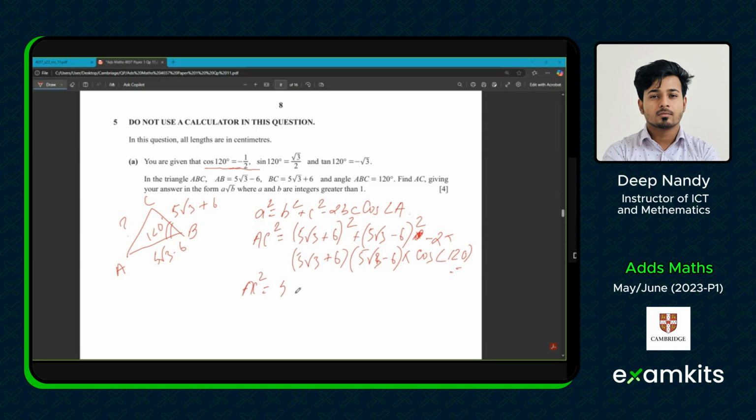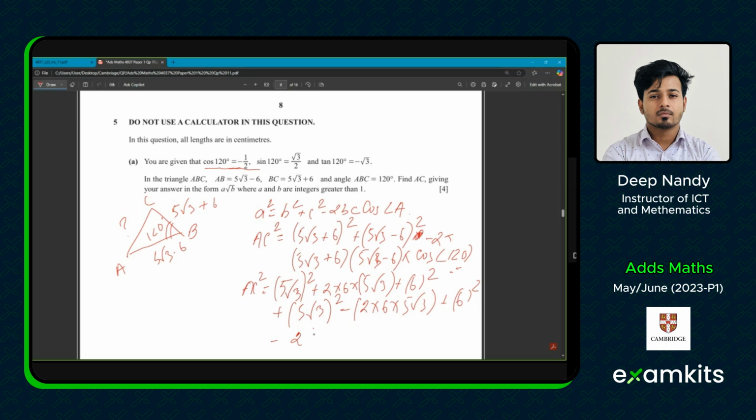So we have to start from the equation (a plus b) whole square: (5 root 3) whole square plus 2 times 6 times 5 root 3 plus 6 whole square, same for that one, plus (5 root 3) whole square minus 2 times 6 times 5 root 3 plus 6 whole square, minus 2 times 5 root 3.